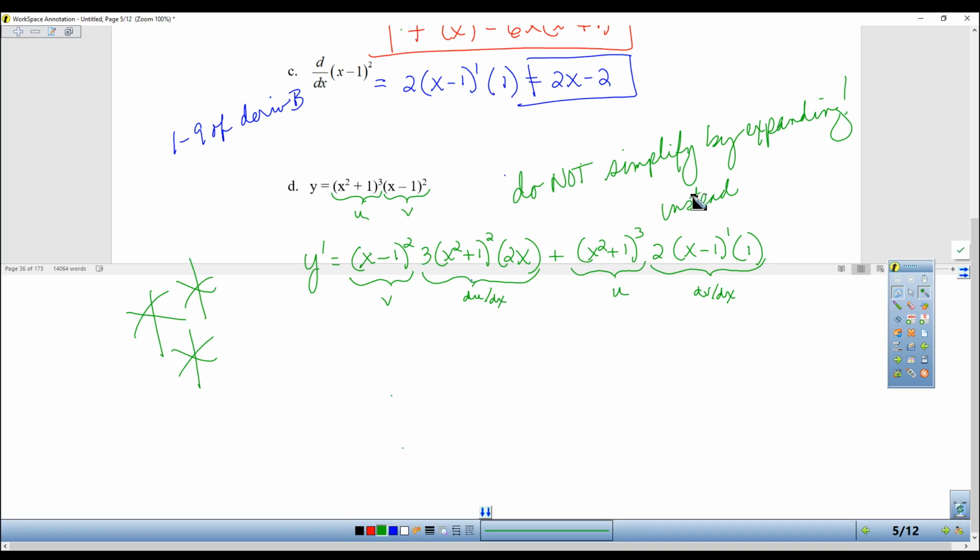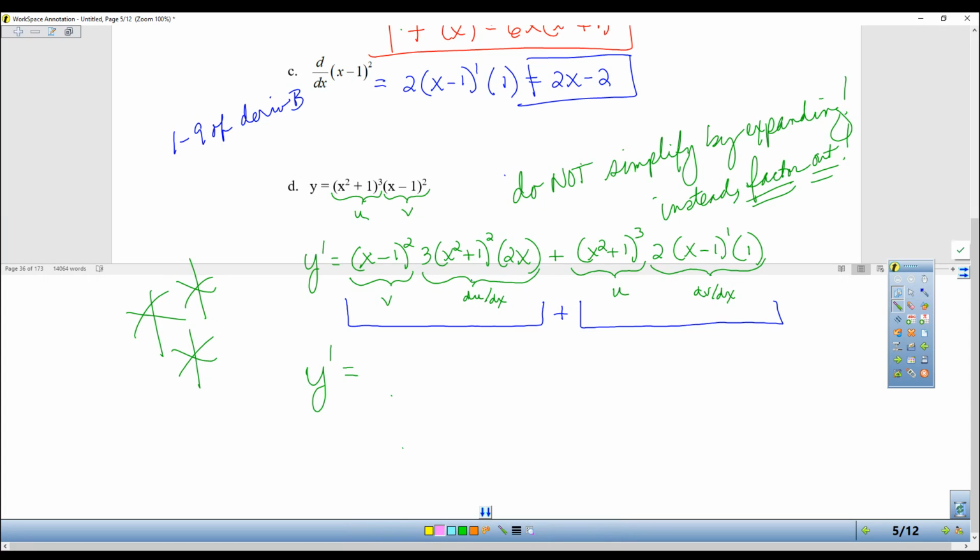Instead, you're going to want to factor out. So we are taking factoring to a whole new level. So you have two terms, one term plus another term. We're going to look for things that the two terms have in common. So they both have an x minus 1. So I'm going to take that out. This one has 2, and this only has 1, so I can only take out 1.